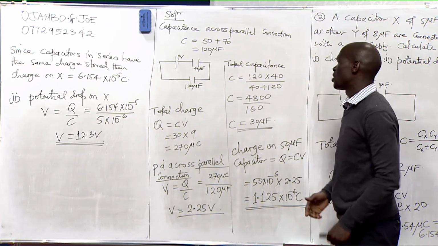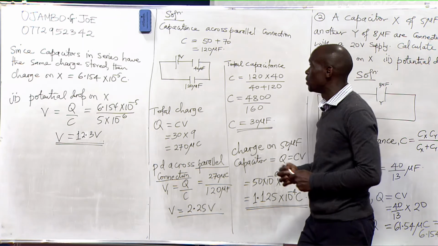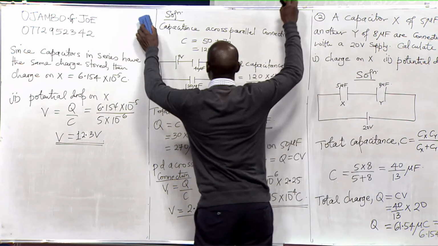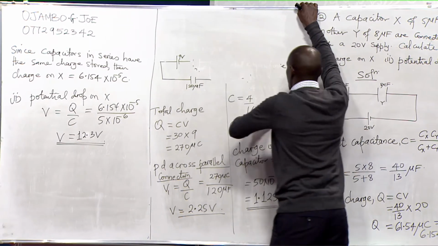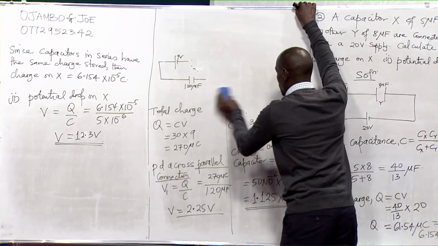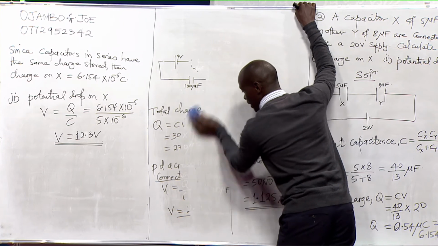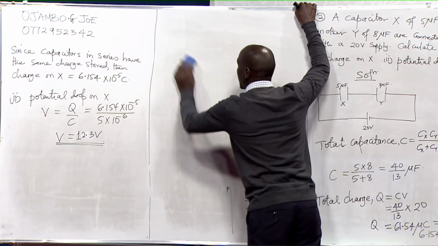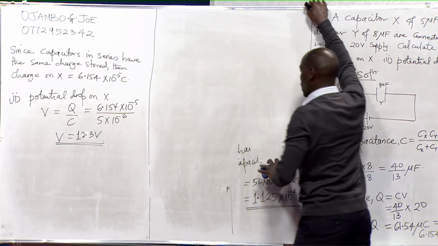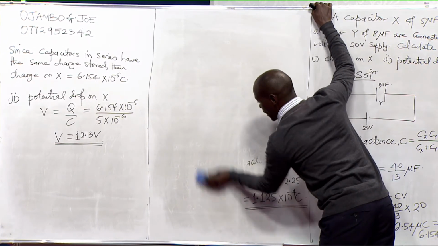And I think these two examples can open our minds more about how we can relate the capacitor arrangements. So in the two examples, we discover that our concepts must be on the fingertips. Why?